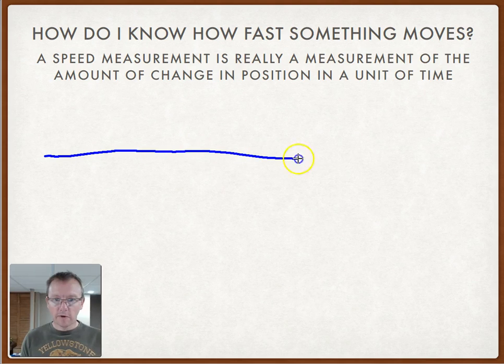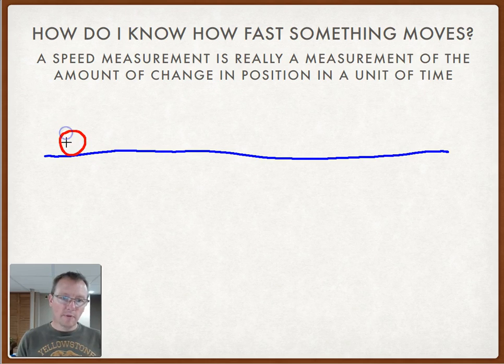So here's a horizontal surface, as horizontal as I can make it using my system here. And on top of that horizontal surface, I'm going to roll a ball. Why a ball? Because a ball is much, much easier to draw than the car I was drawing last time. So when you first notice it, you notice that it's at this position right here.